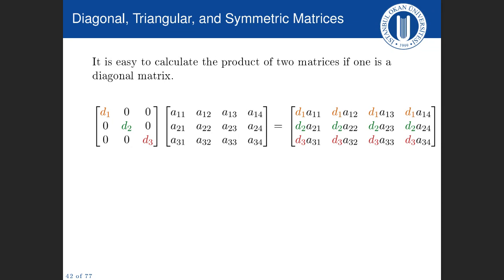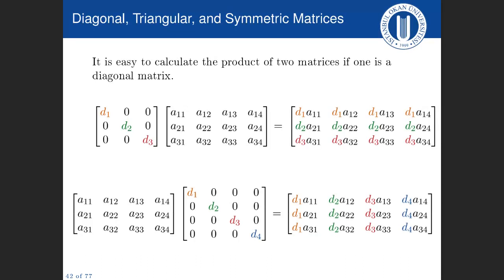And if we multiplied on the right by a diagonal matrix, we have the same idea, except instead of multiplying rows by a number, we're multiplying columns by a number.